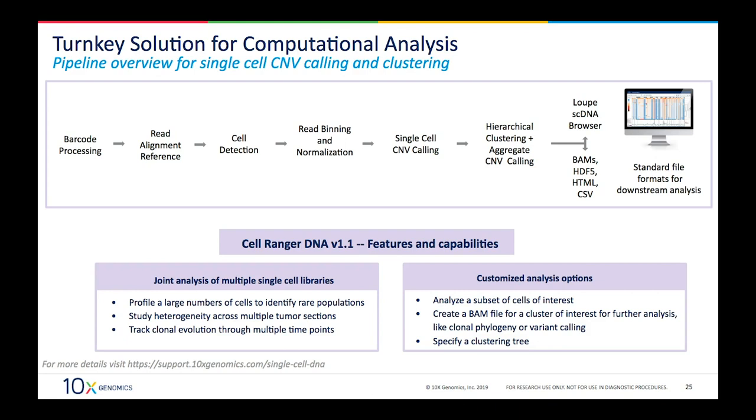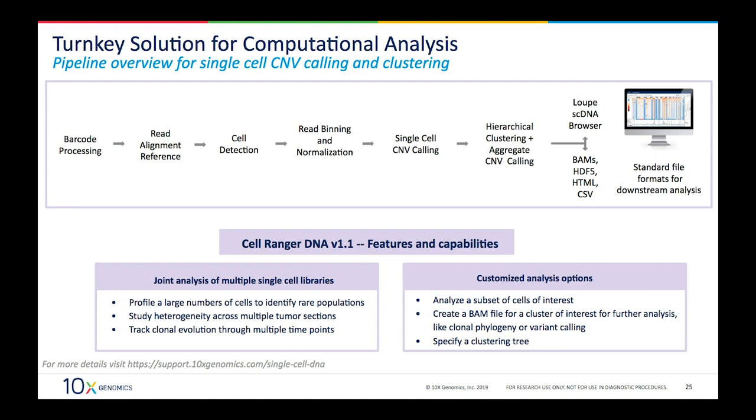And then it's going to start binning reads together and determining what is the copy number variation going on in your system. Once it has determined this at the single cell level, it will perform some hierarchical clustering and aggregate similar cells together, which will allow you to have these clusters where you can start now using the power of clustering and combining those CNVs so that you can go at an even higher resolution.